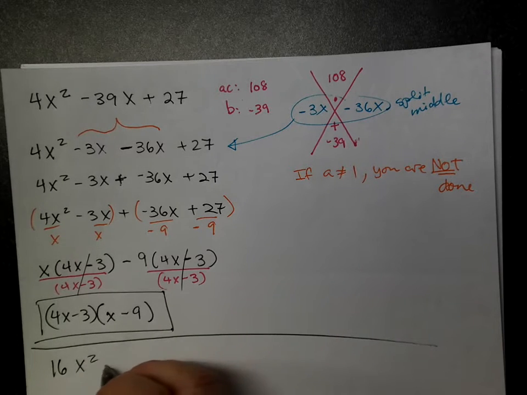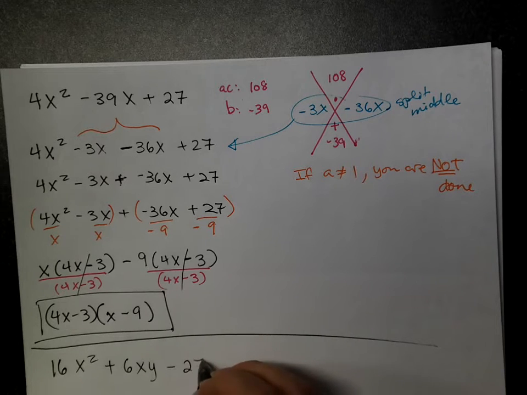Try 16x squared plus 6xy minus 27y squared.